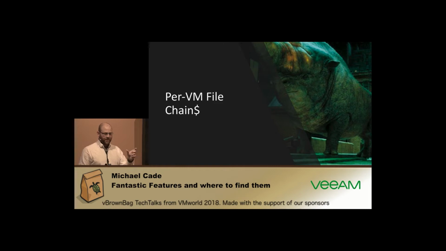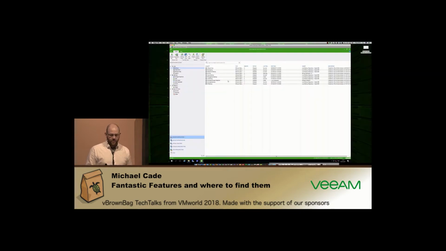That one big VBK file is a mammoth size because it may have 500 or 1,000 VMs in, and that's just one write stream into that target. Where per-VM file chains come in is we take it down to a VM level, so each VM has its own VBK, which means we can have multiple write threads going into that backup.